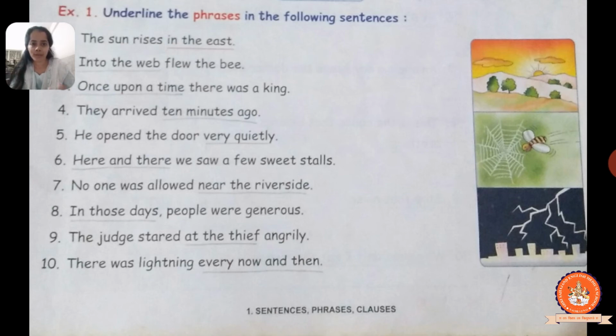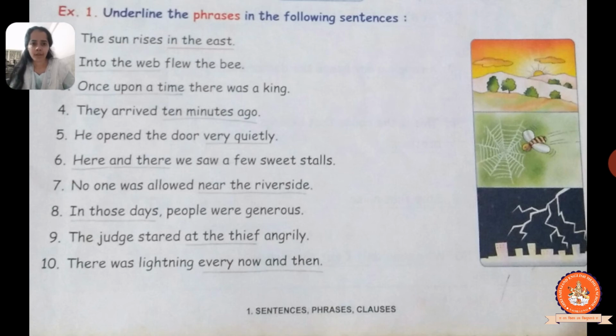In those days. So in those days is the phrase we have to underline. Then the judge stared at the thief angrily. Stared in the sense that he was looking at the thief very angrily. So at the thief is the phrase.